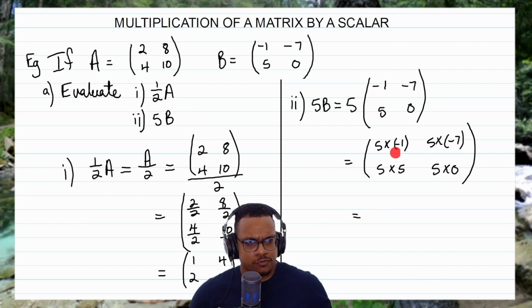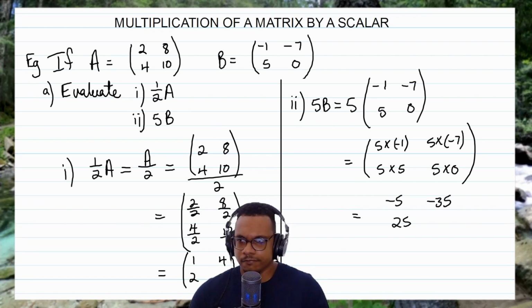So 5 times negative 1 will give you negative 5. 5 times 5 will give 25. 5 times negative 7 is negative 35. And 5 times 0 will give you 0.